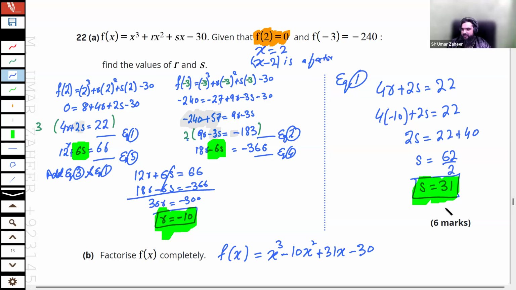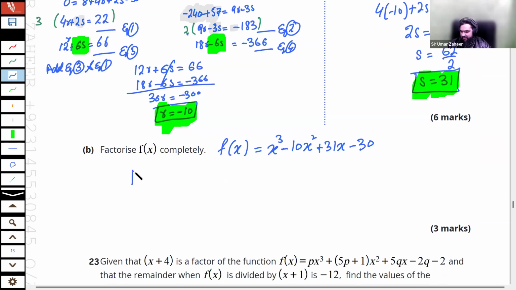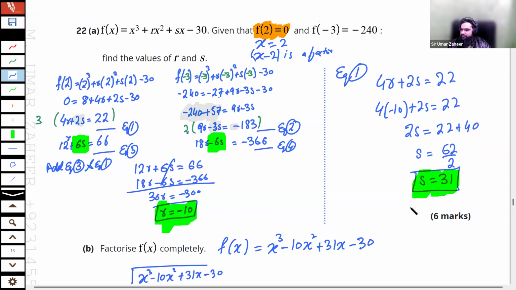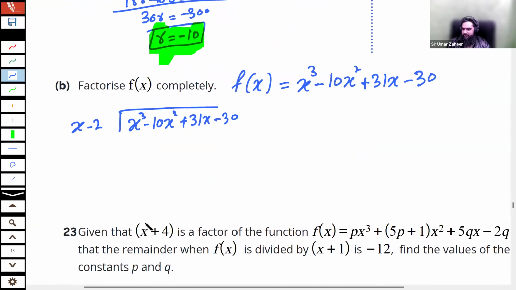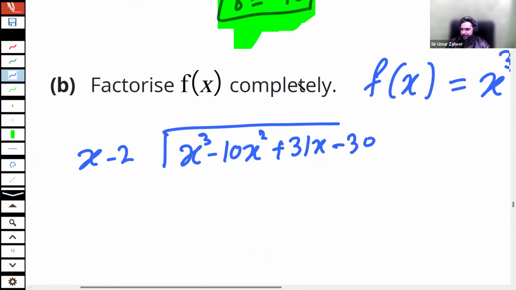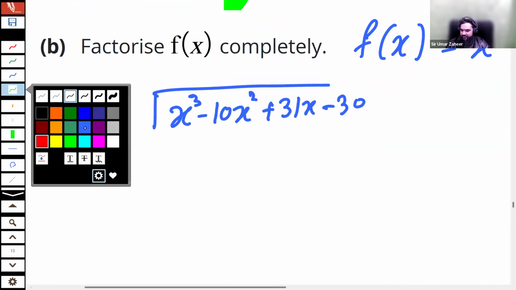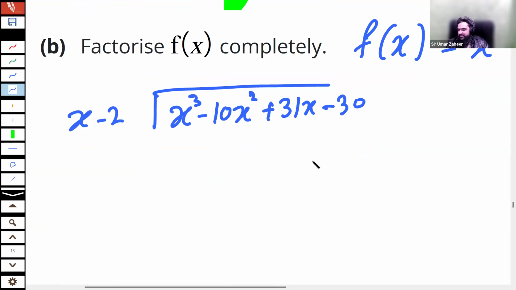So if it is a factor, this means that we can divide x cube minus 10x square plus 31x minus 30 by x minus 2. All right, let's divide them.